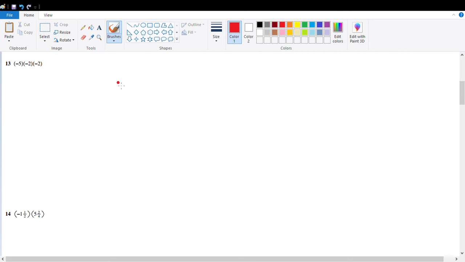Number 13. Let's move on to the next question. This one's a bit tricky. For this problem, we simply cannot do division rule, the triangle visualizer. We use the odd even rule. Is the number of negatives odd or even?